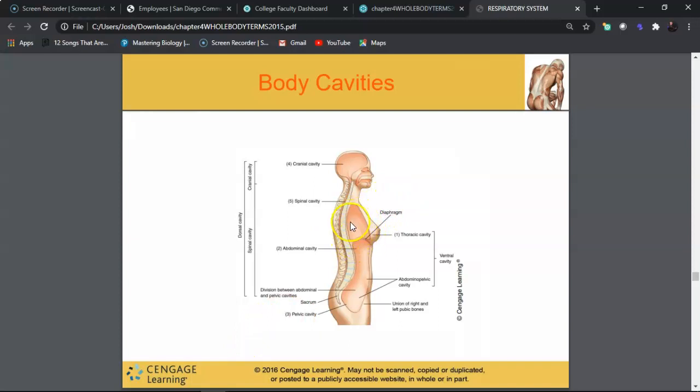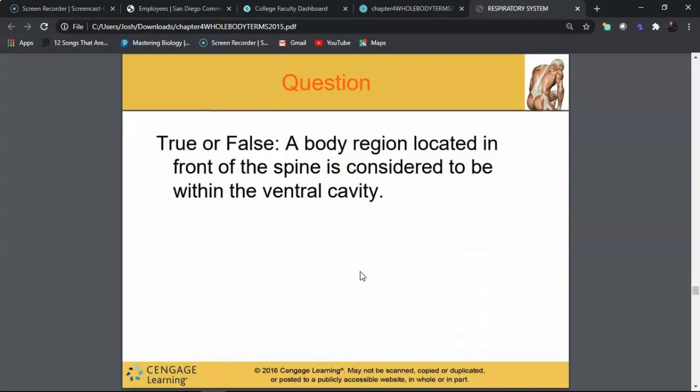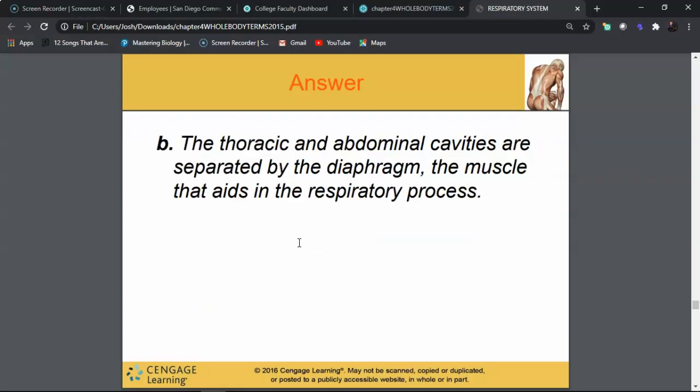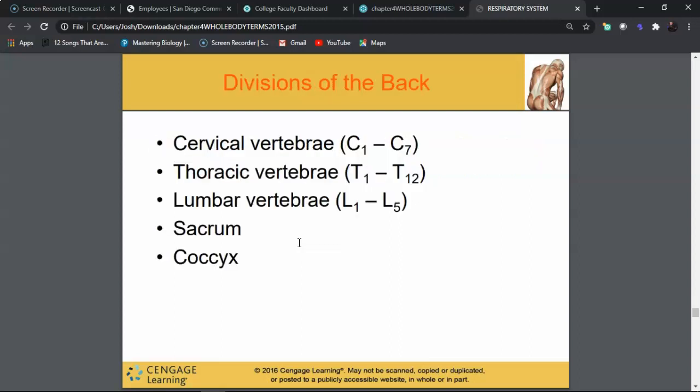So superior to the diaphragm is the thoracic cavity, and inferior to the diaphragm is the abdominal cavity. So the answer to that question would be thoracic and abdominal, so that would be B, okay?